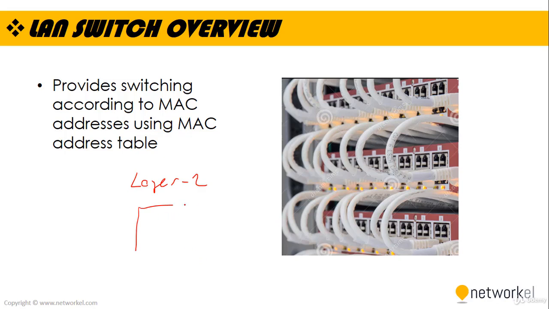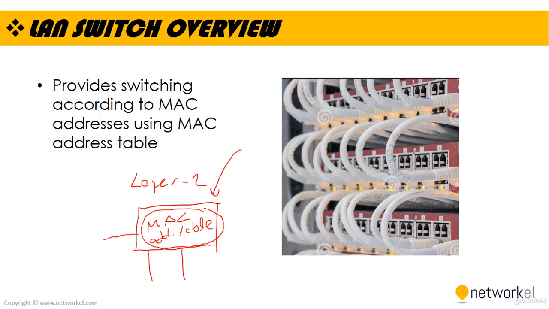On the local area network switch, there is a table called the MAC address table, and what a layer 2 switch does is switch between different ports by using MAC address information located in the MAC address table.